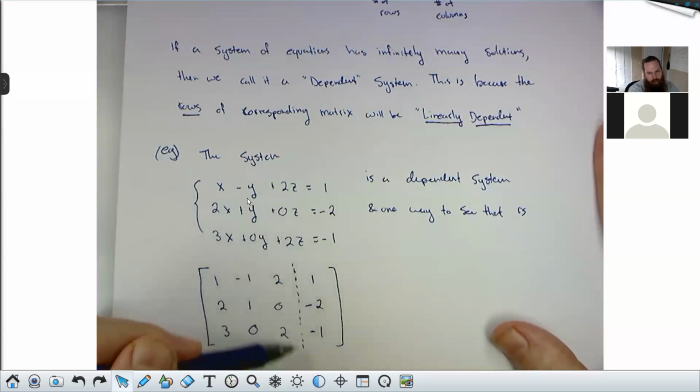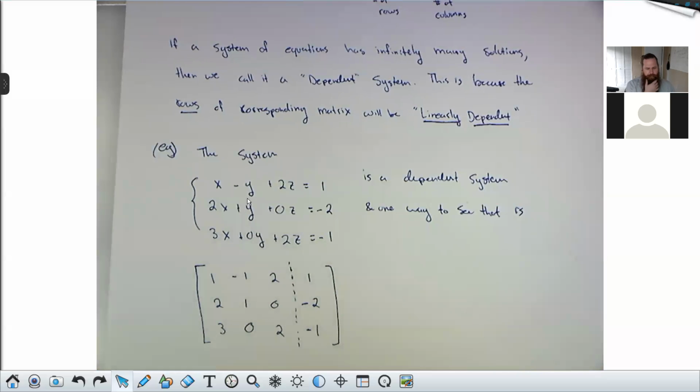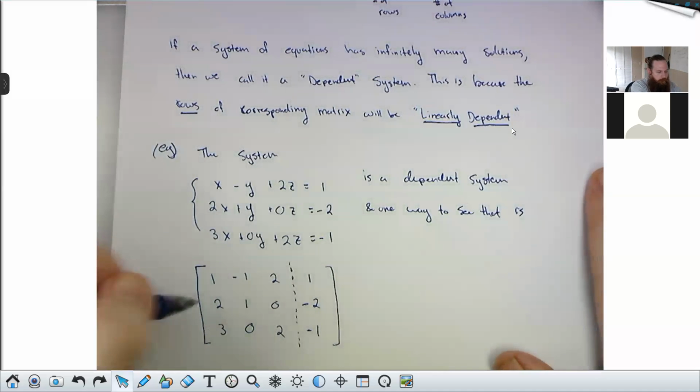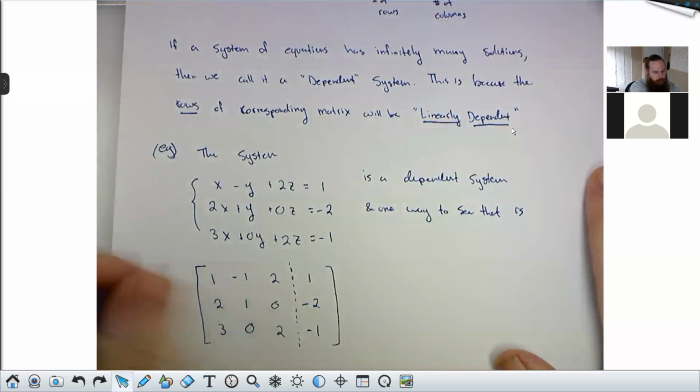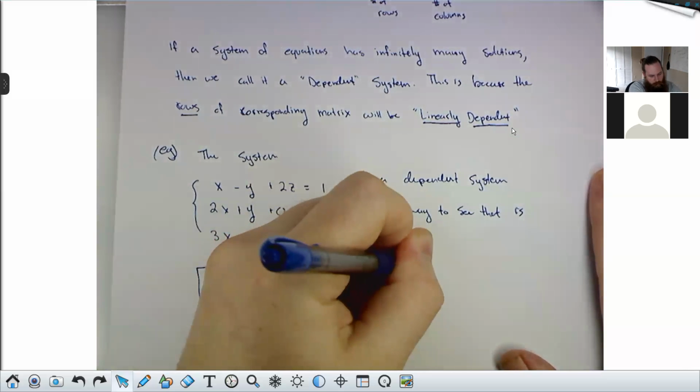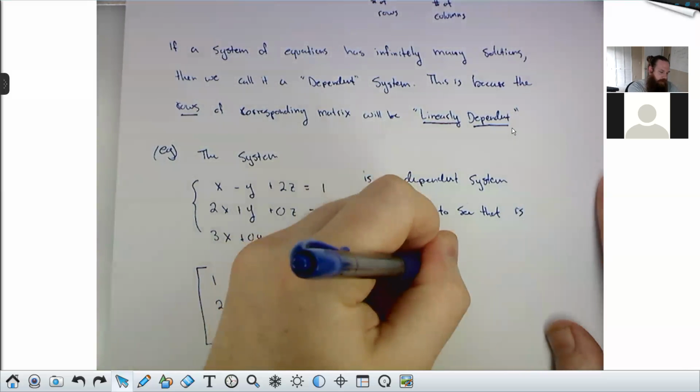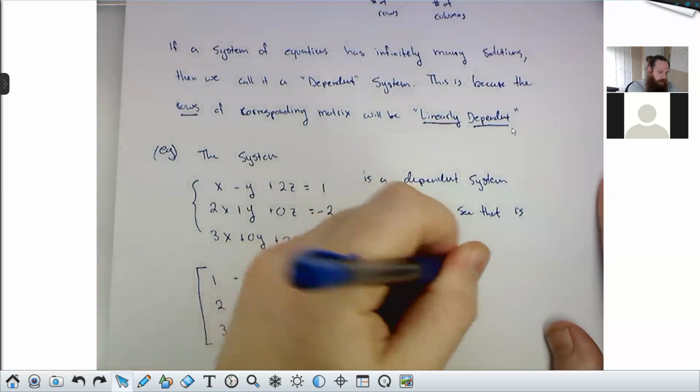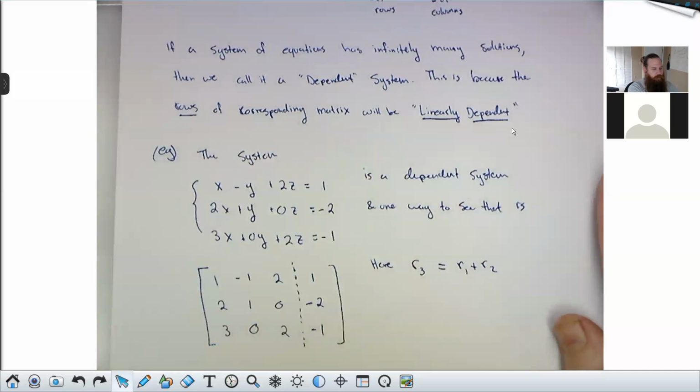They omit this vertical line. But what I mean by dependent is that the rows of the matrix are linearly dependent, meaning here, I can use some combination of the first 2 rows to get the third row. Here, row 3 is equal to row 1 plus row 2.